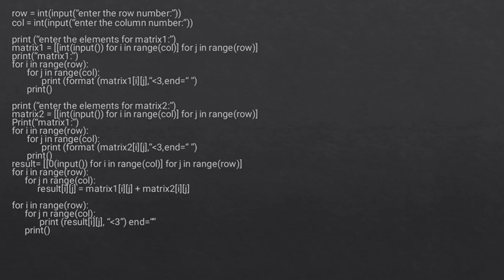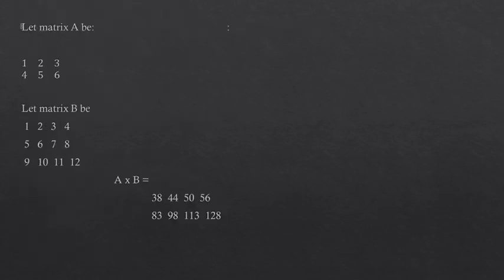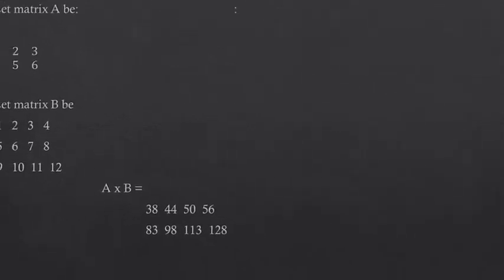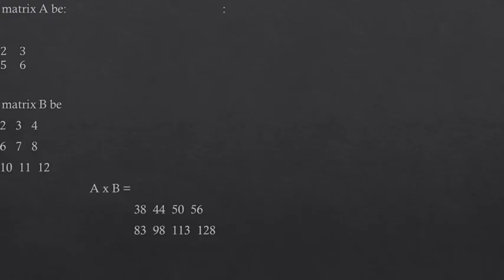And for the matrix multiplication, there are a few conditions: the number of columns of the first matrix must be equal to the number of rows of the second matrix.